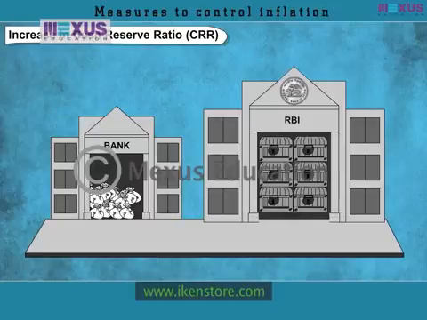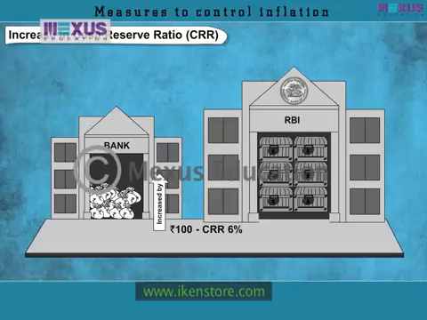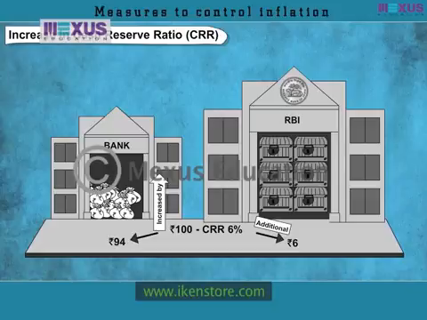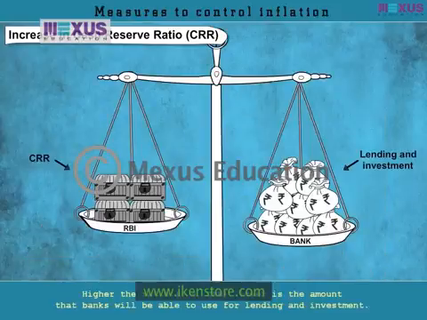For example, when banks' deposits increase by 100 rupees and if the cash reserve ratio is 6%, banks will have to hold additional 6 rupees with RBI. Bank will be able to use only 94 rupees for investments and lending or credit purpose.